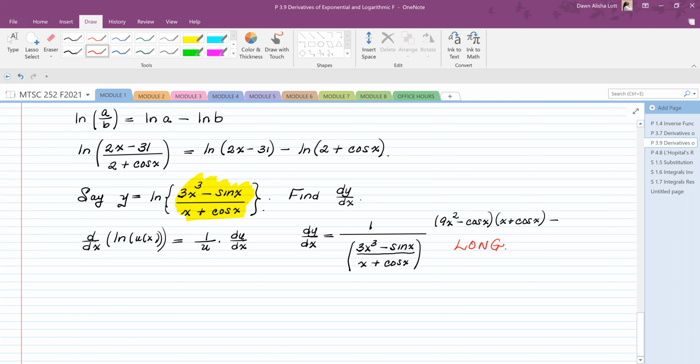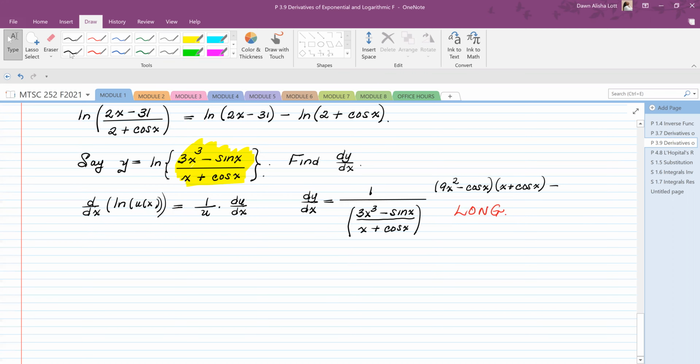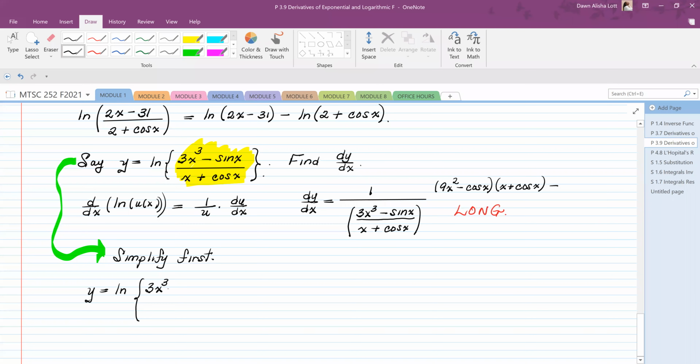So what I want you to do is simplify it first. So let's simplify first. We're going to take y, which is the natural log of 3x cubed minus the sine of x, divided by x plus cosine x.